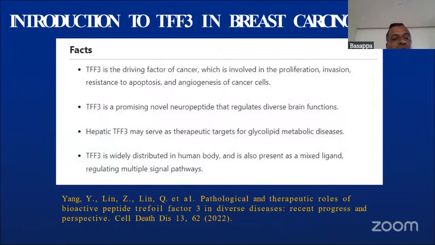Naturally, in relation with breast cancer, trefoil factor 3 is also found to have a role. Those facts have been listed here, where TFF3 is a driving factor of cancer, involved in the proliferation, invasion, as well as angiogenesis of cancer cells, and it is also very widely distributed in the human body.